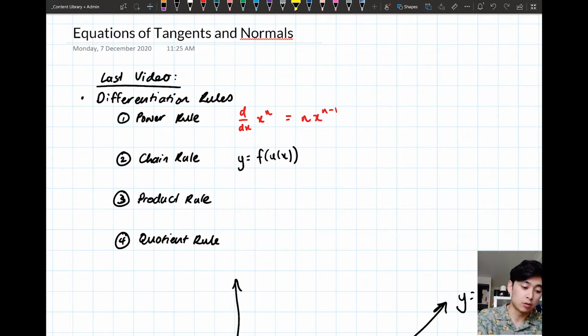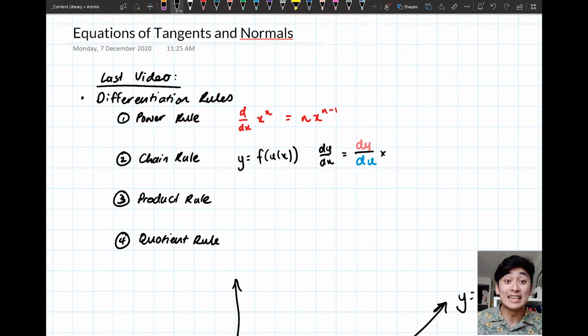So here, dy on dx is equal to dy on du. So we differentiate the outside function and we multiply that by the derivative of the inside function. So here, du on dx.